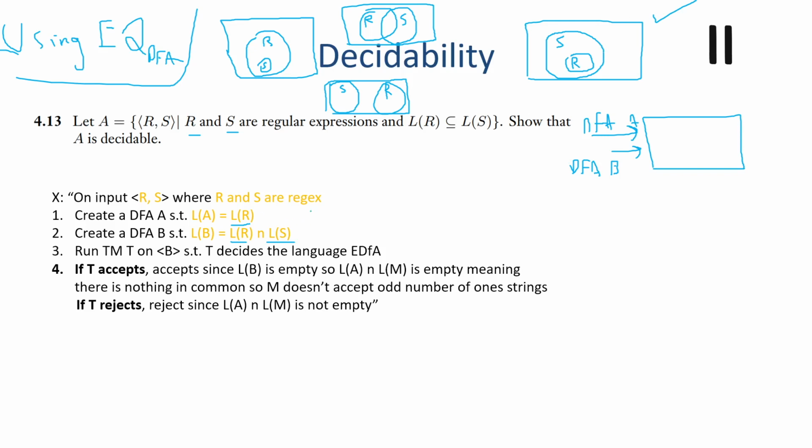What do you think will happen if we check if both of these are the same? If I'm checking if the language of R is the same as the language of R intersection with the language of S, let's check all of the other scenarios.